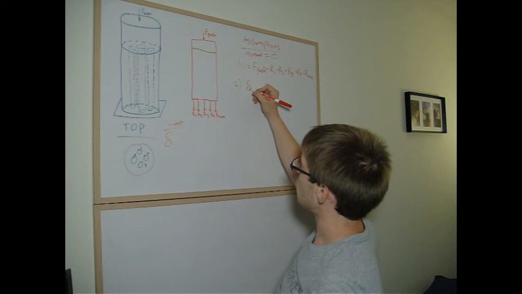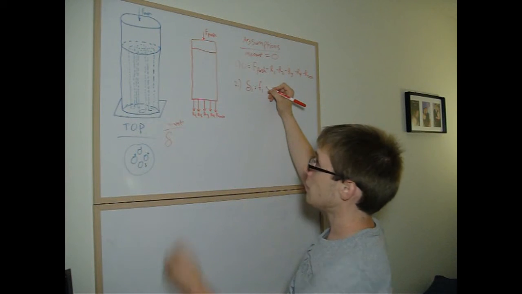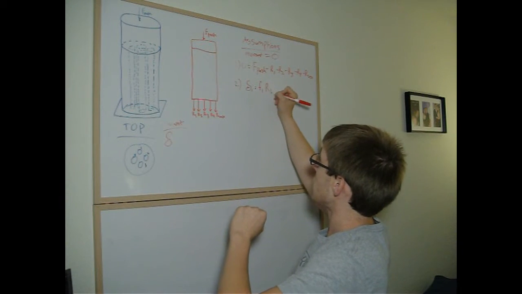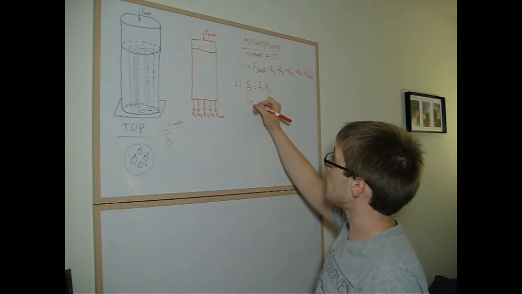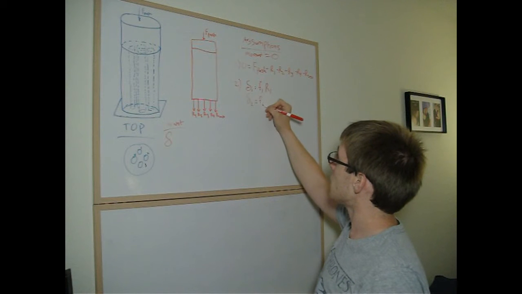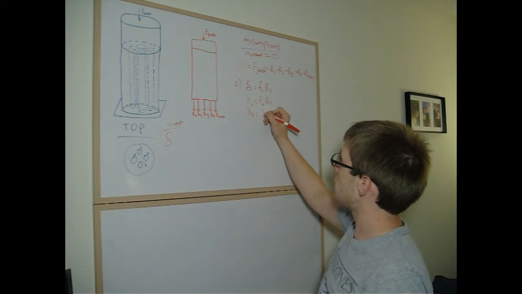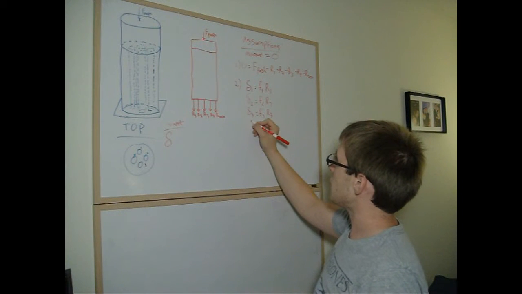So we have delta 1 is equal to the flexibility 1 of that cylinder times the reaction at 1. We have that, so we can keep going. We got delta 2 is equal to flexibility 2 times reaction 2, and we can do this for all of the cylinders in the system.